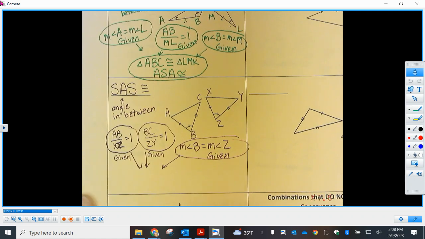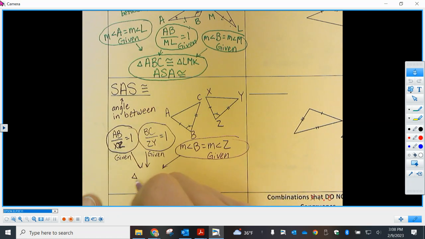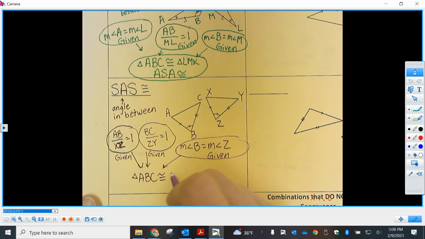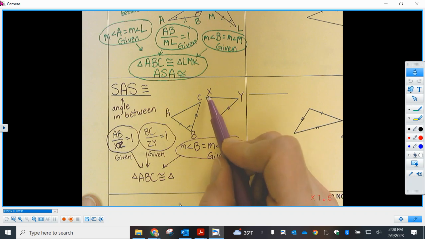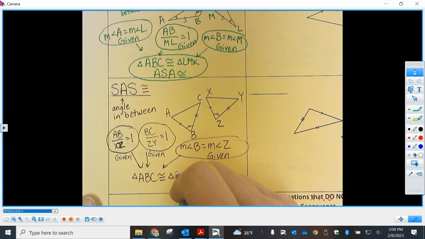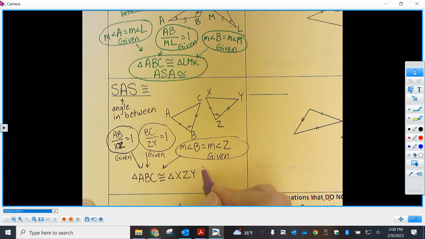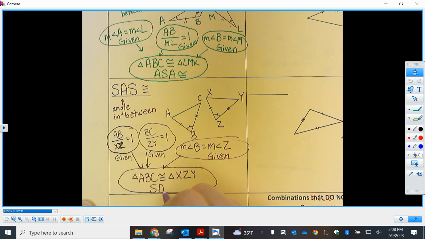If you have that, then we can say the triangles are congruent. Triangle ABC is congruent to triangle XZY. And that's by side, angle, side congruence.